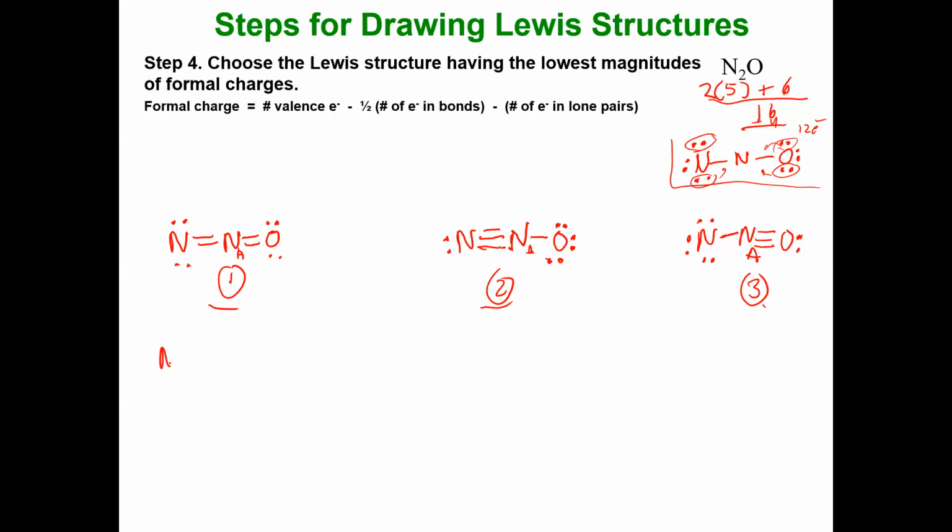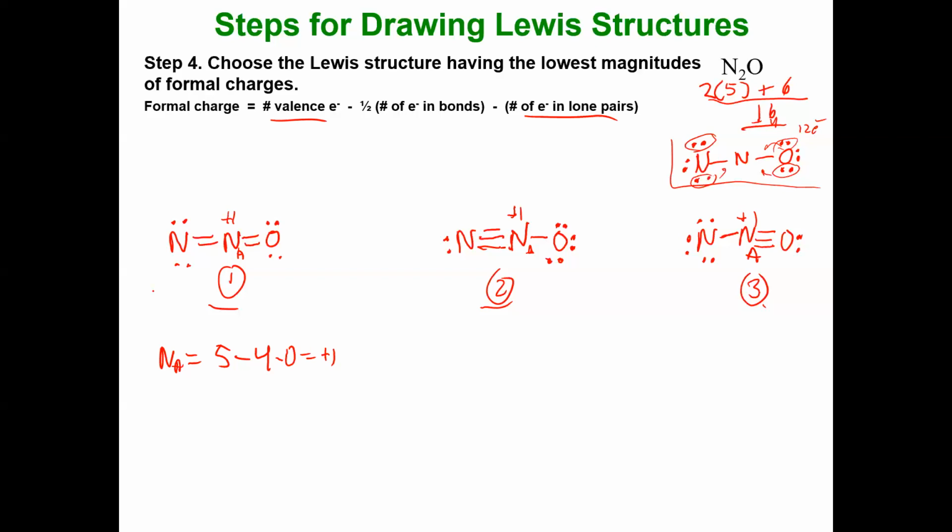The formal charge for nitrogen A is: total valence electrons, 5, minus number of bonds, 4, minus the number of electrons in lone pairs, 0, equals a positive 1. So every single one of the central atoms of these 3 possible Lewis structures, the nitrogen, has a formal charge of +1.